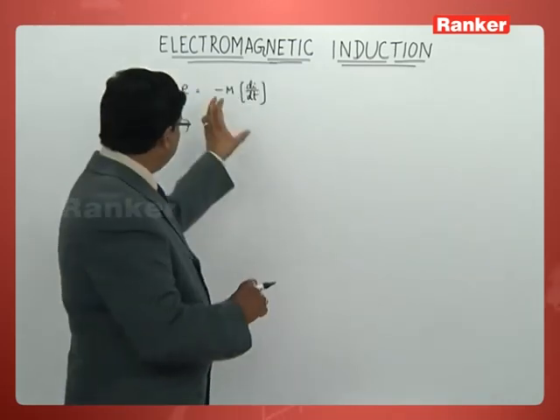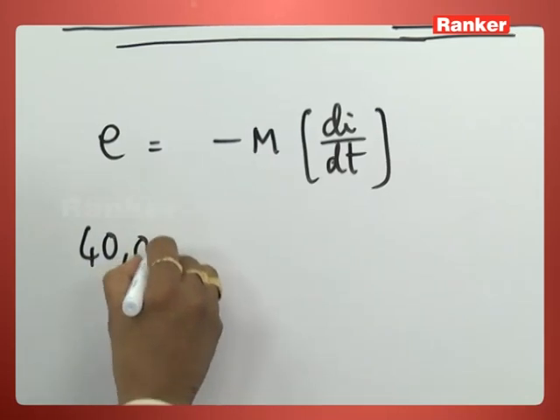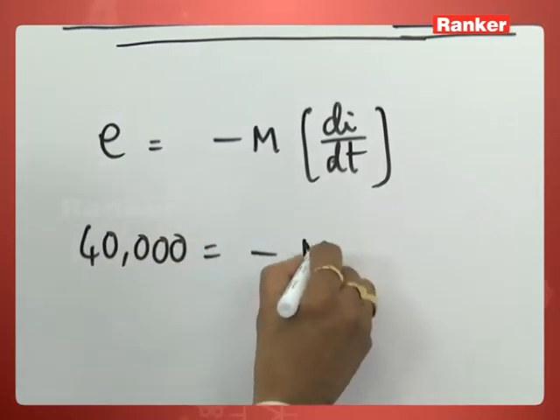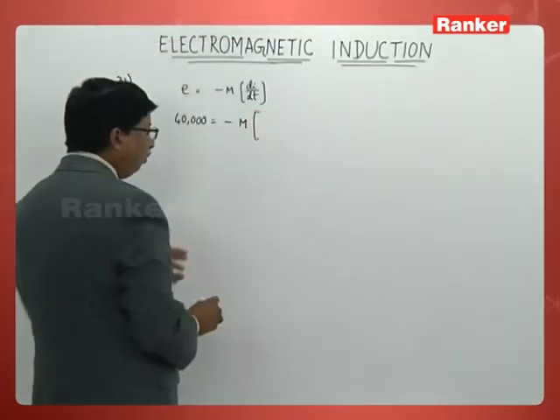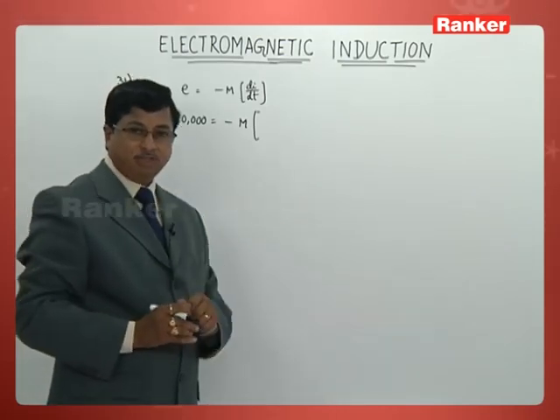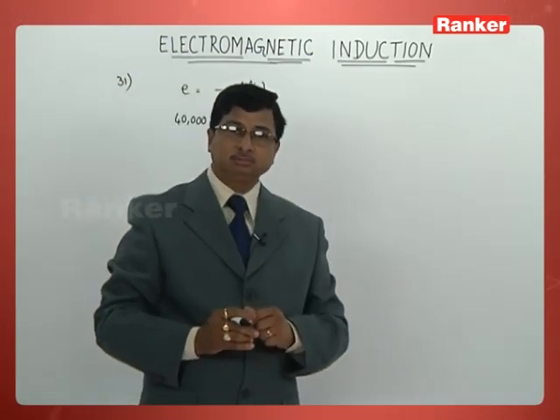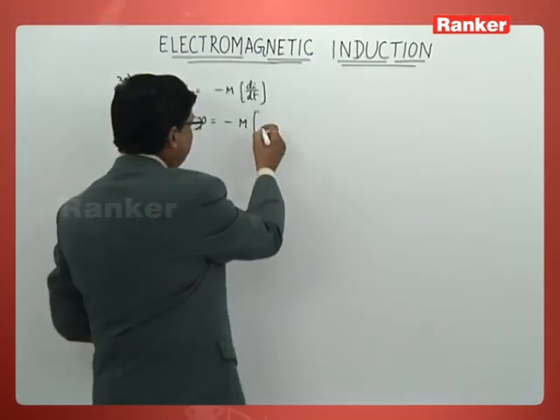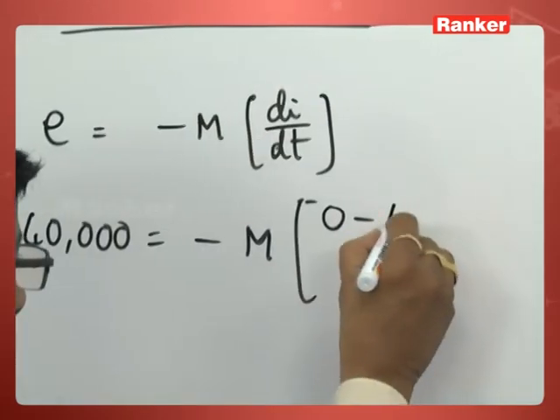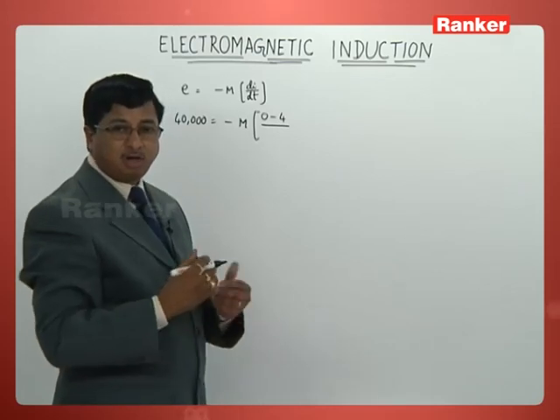So when I look at this equation, E is given 40,000, equal to minus M times how the current is varying. The current has come down from 4 ampere to 0. So how to write this value now? 0 is the final value, 4 is the initial value. In what time?